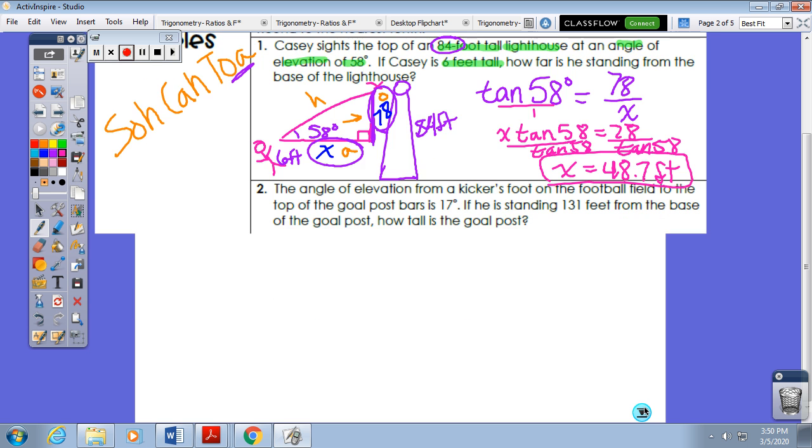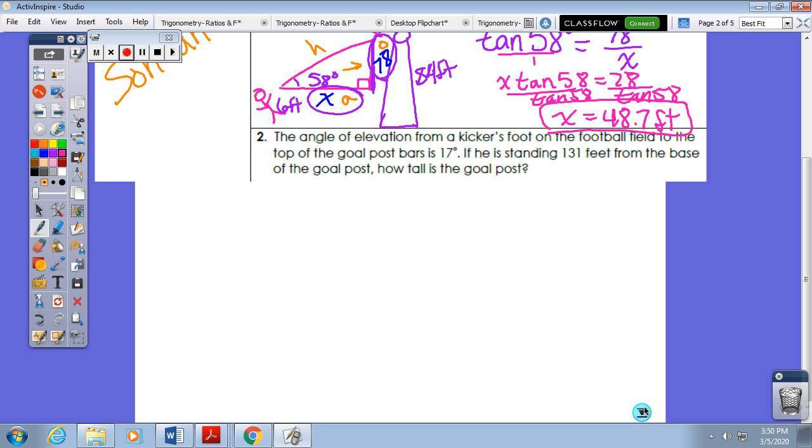Let's go ahead and look at the next problem. The angle of elevation from the kicker's foot on the football field to the top of the goal post is 17 degrees. If he's standing 131 feet from the base of the goal post, how tall is the goal post? If he's kicking it, it's on the ground already. Let's start with our right triangle here and label what we got.